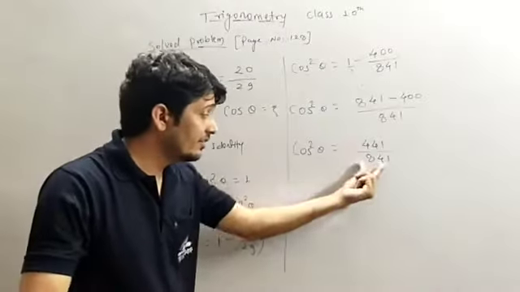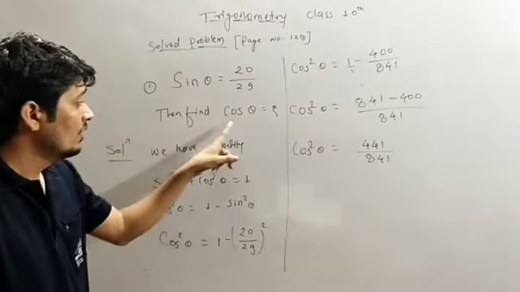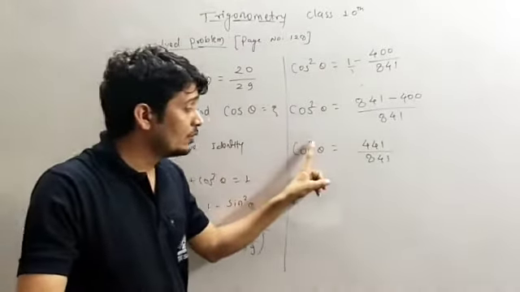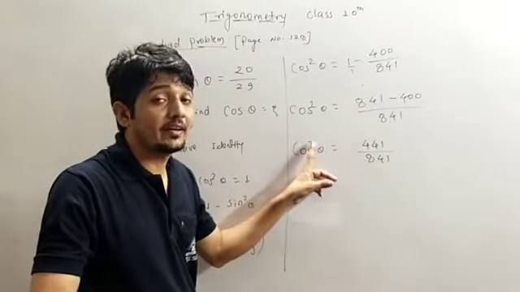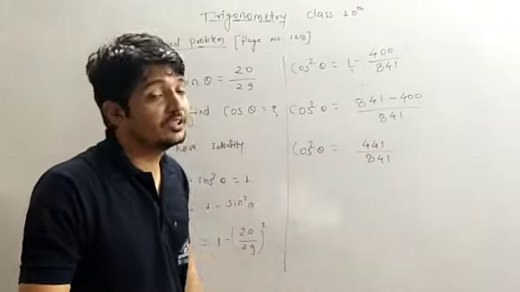This is the value of cos square theta, but we have to calculate the value of cos theta. That means we have to remove this square, and for removal of the square we have to take the square root on both the sides.